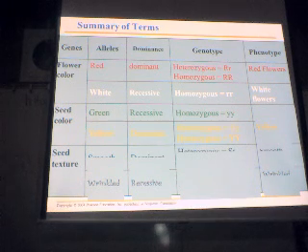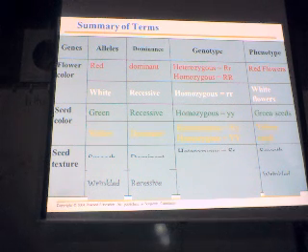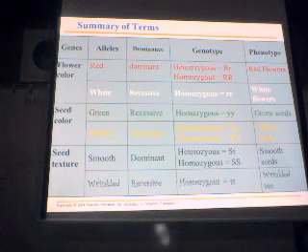It can be heterozygous, big Y, little y, or homozygous, big Y, big Y. Our phenotypes again, we can have green, or we can have yellow. On the bottom is just another chart to show you the same idea for seed type.